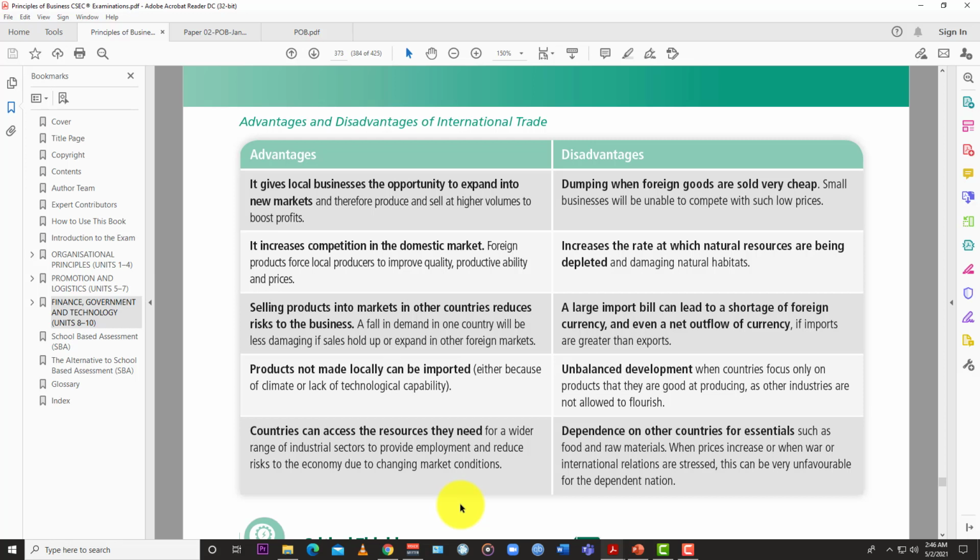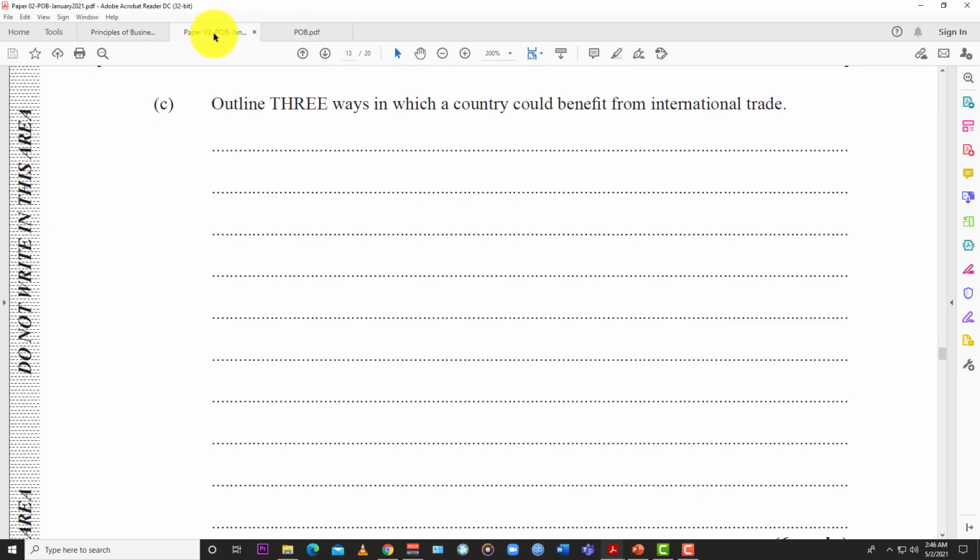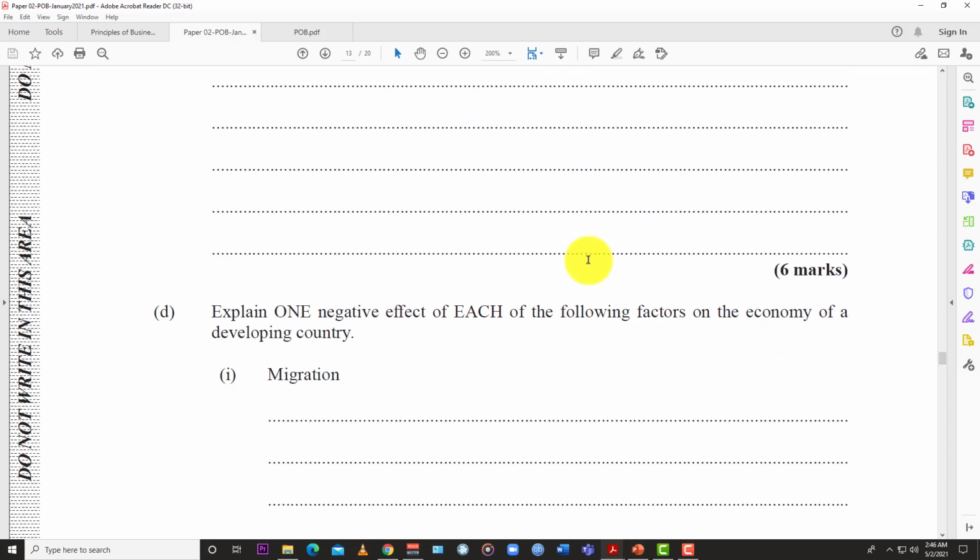And as such, you can build industries out of these things. And when you build industries, you can encourage a reduction in unemployment and hire more persons. So those are some benefits of engaging in international trade. And that's why they ask to outline 3 ways in which a country could benefit from international trade.